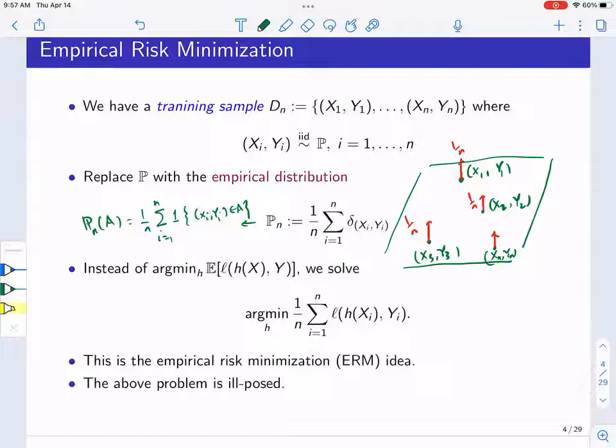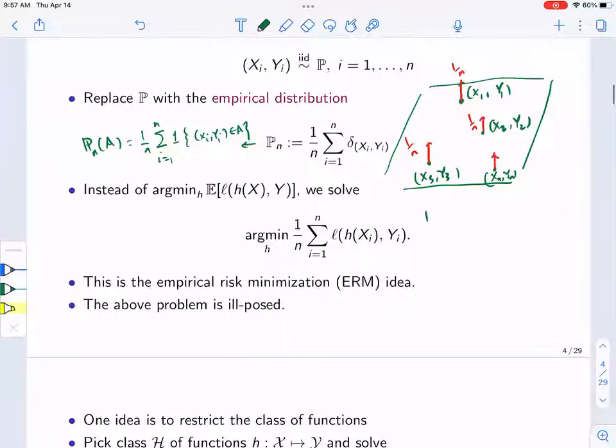So say for quadratic loss, also for 0-1 loss, set h of xi equal to yi, or define h of x to be yi if x is equal to xi, for i equal 1 to n, and arbitrarily otherwise. So there are many such functions.